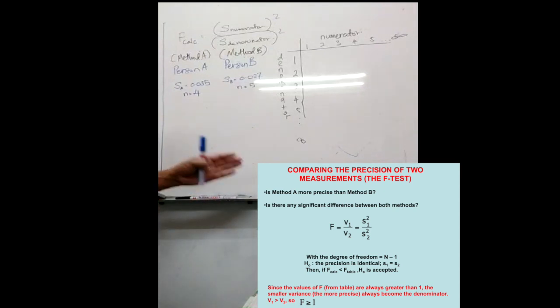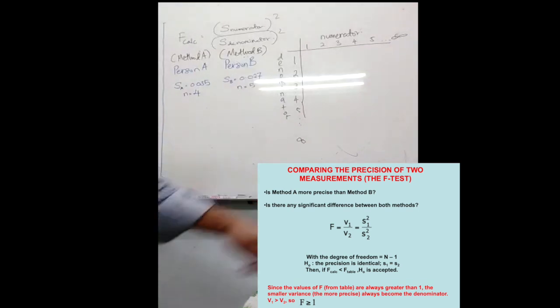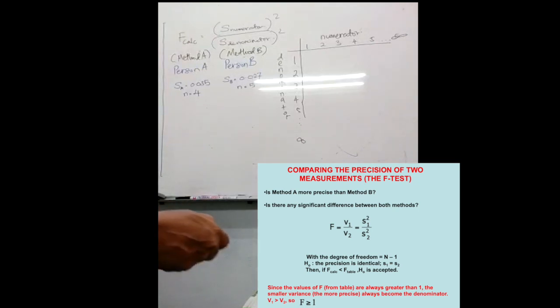Before this, we already discussed comparing between mu and x-bar for the t-test. Now we're using the F-test. So we want to check: is method A or measurement A more precise than method B or measurement B? Or we can say also, is person A more precise than person B?